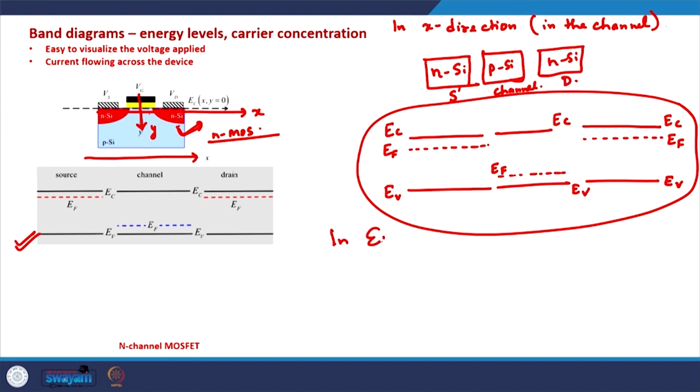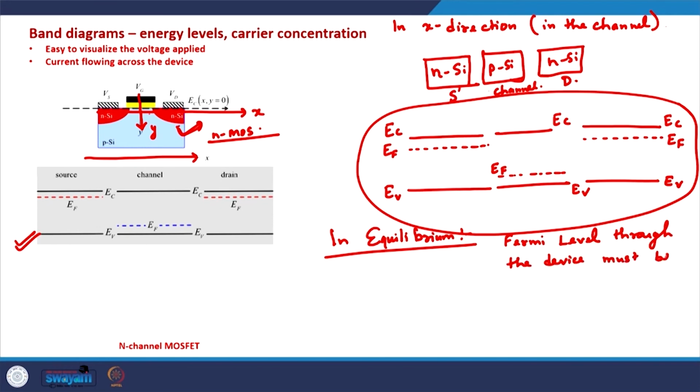In equilibrium, if you recall our discussion on the Fermi level and Fermi functions, the Fermi level through the device must be constant, which means that we can have only a single level throughout the device in equilibrium.